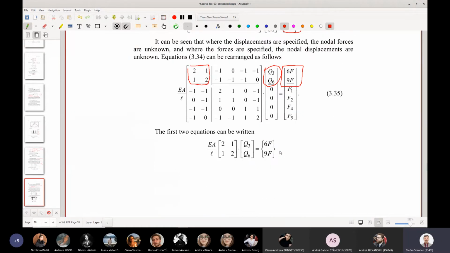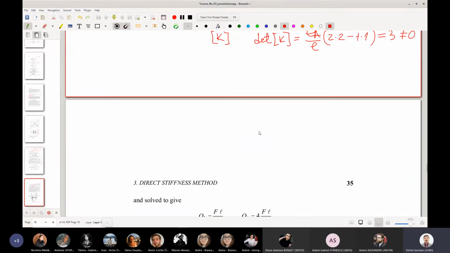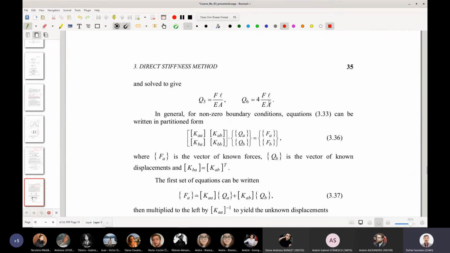And you can rewrite this in this form, and of course the determinant of this matrix, which is K for our matrix, will not be 0, because the determinant of K will be A divided by L, because this is a constant, times 2 times 2 minus 1 times 1. So this is 3, no more 0. So we have an inverse for this matrix, and we can solve the problem and obtain the result.